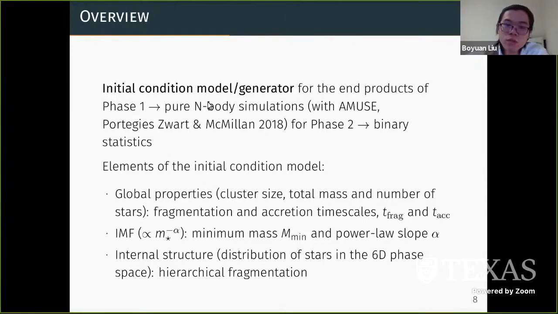Then we run pure N-body simulations for a sample of clusters from which we can derive the binary statistics. So the main advantage of our model is this initial condition model, which is the link between phase 1 and phase 2. This model has three elements: global properties, initial mass function, and internal structure.